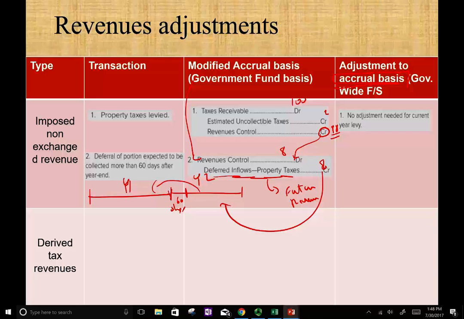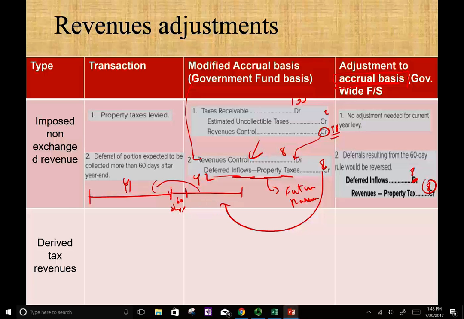Under the accrual, we are going to debit the 8 and credit revenue. So the 8 of revenue that we deferred goes back and is included in revenue. This is one of the adjustments that we need to make, to include any revenue we deferred because we expect to collect 60 days later.